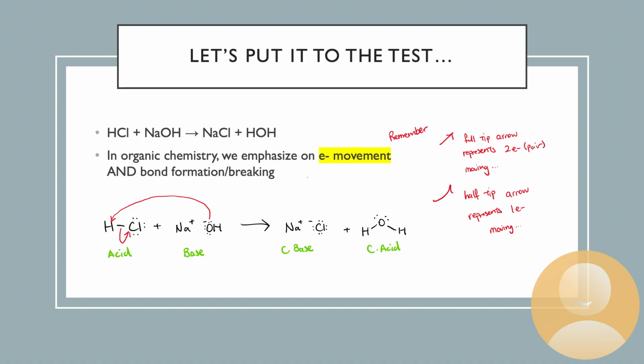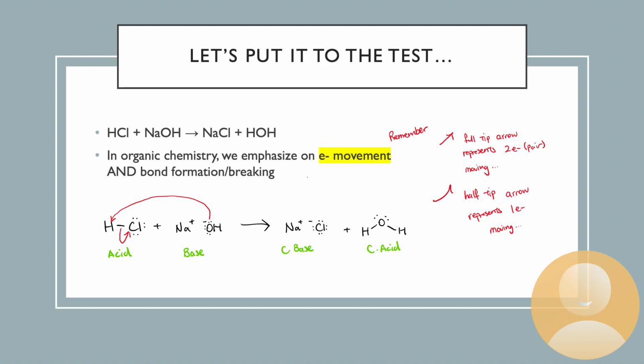Now, in this reaction, we know that the hydroxide anion forms a bond on the hydrogen atom on the hydrochloric acid. This is described by the arrow, base of the arrow starting at the lone pair of the oxygen atom and going all the way towards the hydrogen atom on the hydrochloric acid. Now, we also see that the bond between the hydrogen and the chlorine atom breaks as this happens.